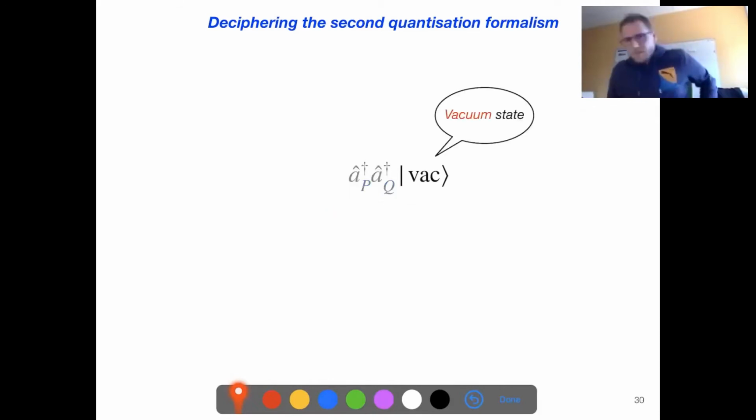Okay, so if I read from right to left, the first thing I meet is this ket, which is a quantum state, and it's called vac because it corresponds to what we call in second quantization the vacuum state. This is super important because this is our starting point in this formalism, okay? So what is that?